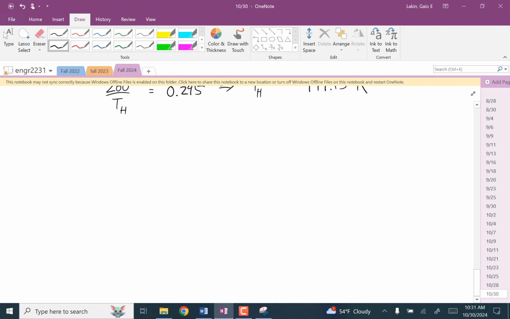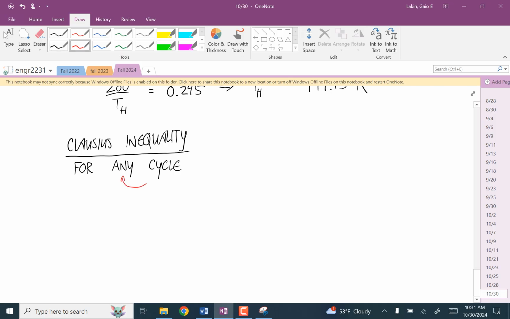So remember the Clausius inequality from last time said, for any cycle, and by any, I mean we're not talking about any kind of perfect efficiency system.